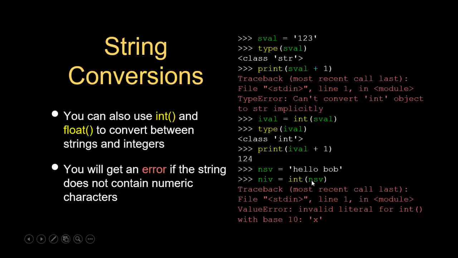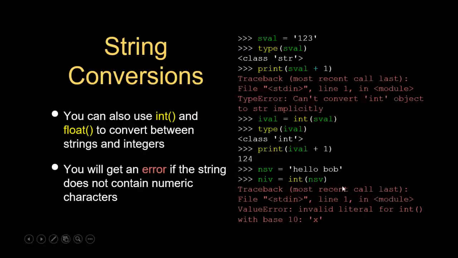We've tried to force NSV, which is the string hello Bob, to become an integer, and it says to us value error. Remember our last one was type error. This one's a value error. Invalid literal for int with base 10, etc. So the literal is that, and it's invalid for the int function. And of course, as I said before, it tells us that it happened on line 1.